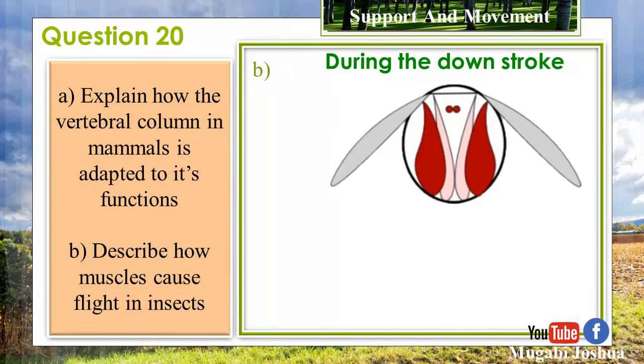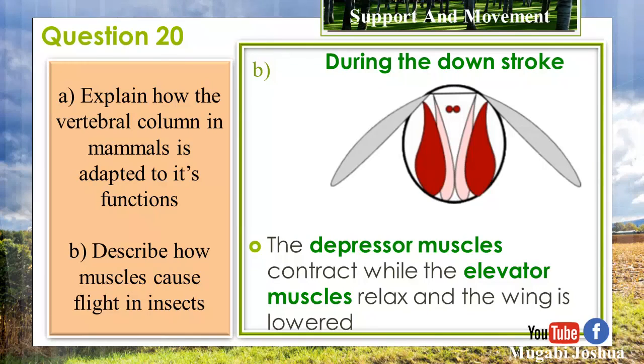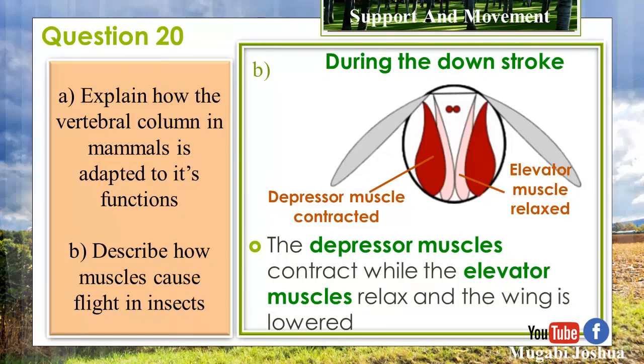Then during the downstroke, the depressor muscles contract while the elevator muscles relax, and the wing is lowered.